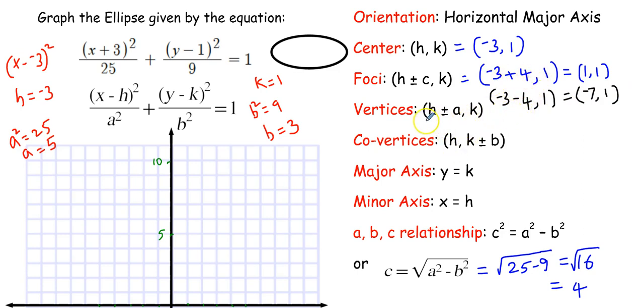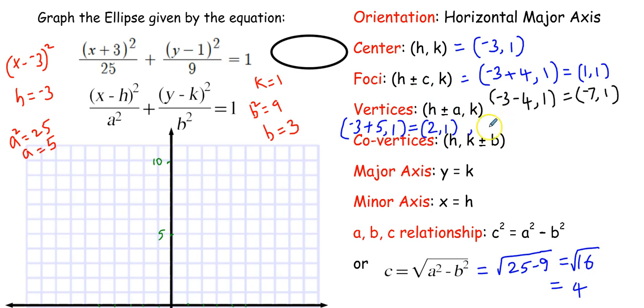Now similarly, to get the vertices, h plus a comma k and h minus a comma k. So the first vertex: h is negative 3, plus a, that is 5, comma k, we have 1, to give you negative 3 plus 5 is 2, so (2, 1) is one end of the major axis, that's the vertex.